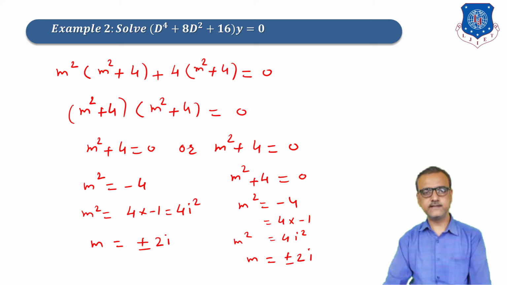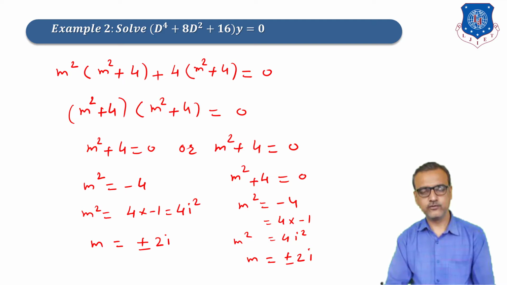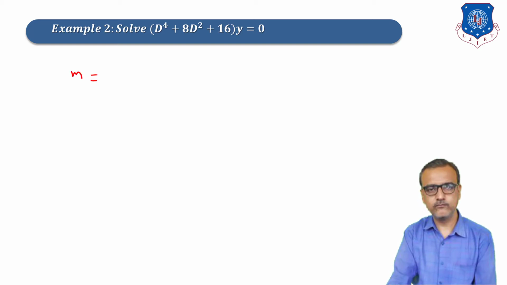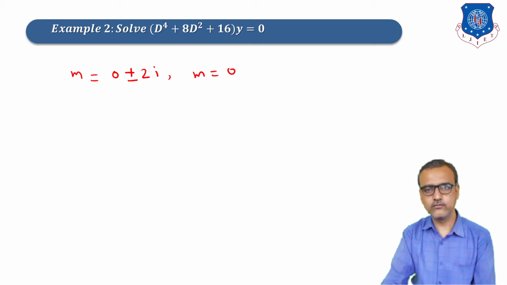Now as you can see that we have repeated complex conjugate roots. So here we are in case number 4. So we have m equals 0 plus minus 2i, m equals 0 plus minus 2i.